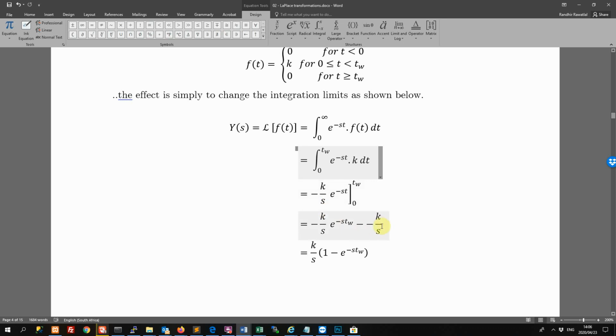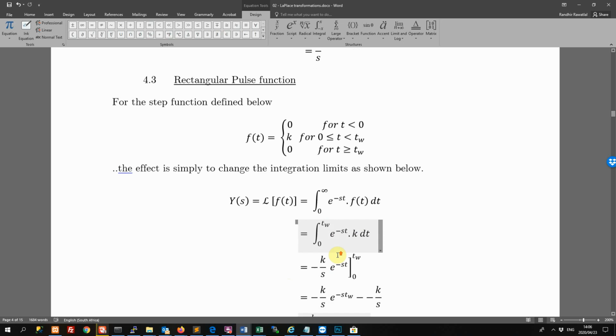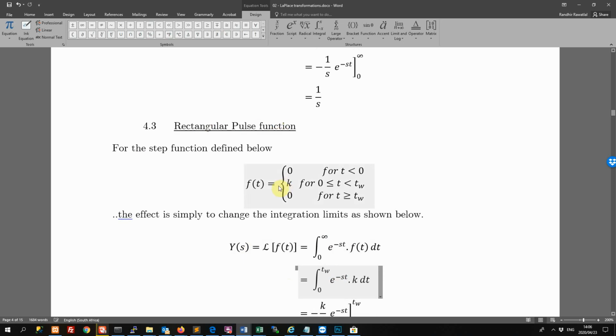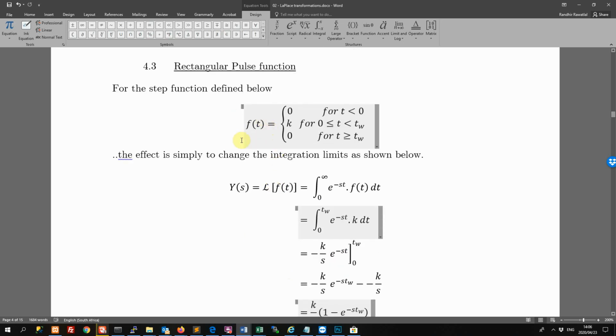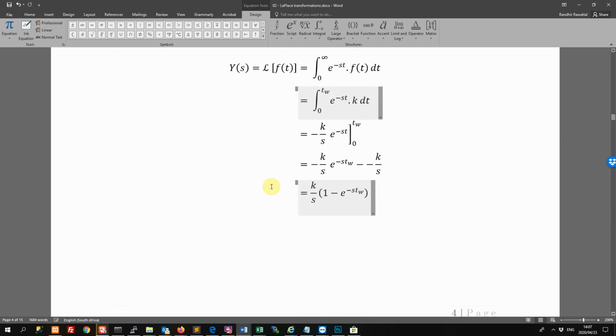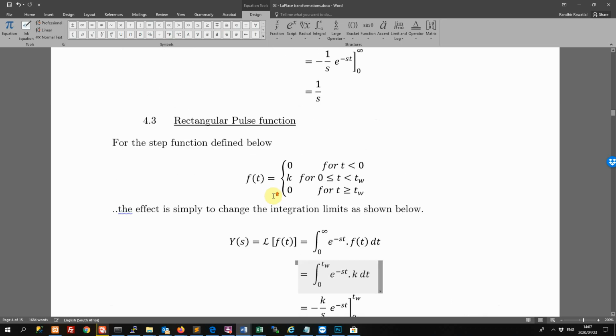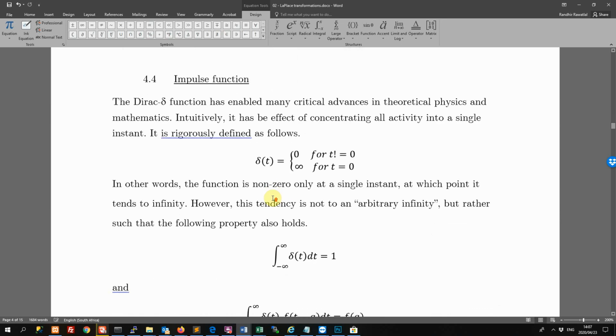So this becomes a plus k over s, and we take that out in front, and we group out the k over s here, and that's what we get. And so you have this exponential saturation style factor here when you have a rectangular pulse function as your origin function. Right, so that's the Laplace transform for the rectangular pulse.